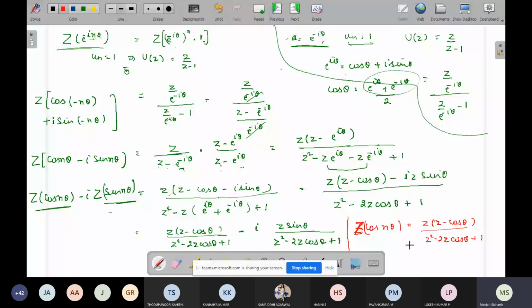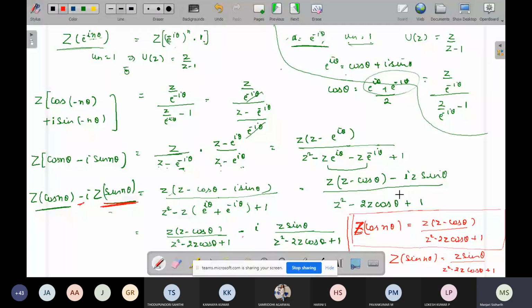And the Z transform of sin n theta, when we compare the imaginary part, minus is here, minus is here, so simply this will equal to this. So Z transform of sin n theta is z sin theta over z square minus 2z cos theta plus 1. The denominator is the same in both of these expressions. Now this is your formula. This you have to remember, because if you are going to solve it, it will take time. So remember this.